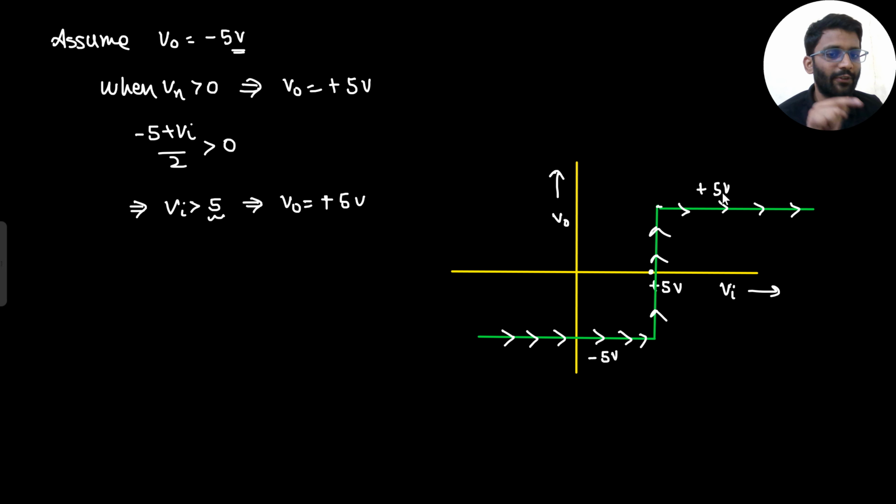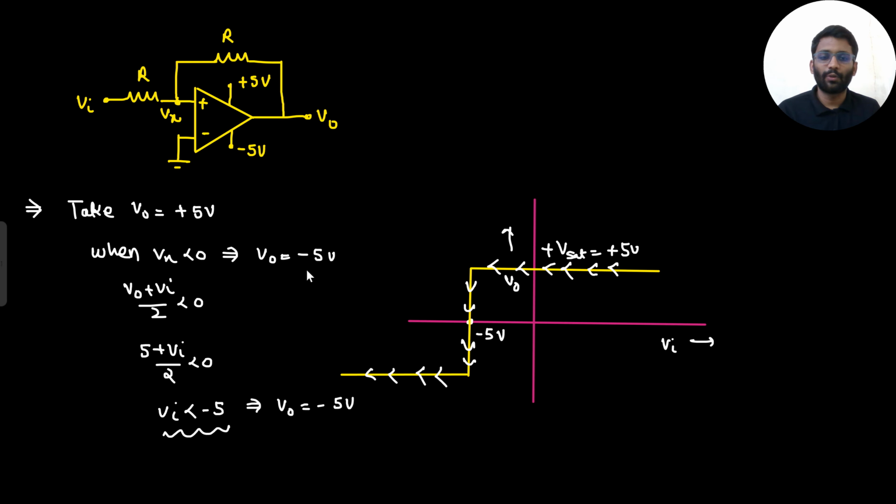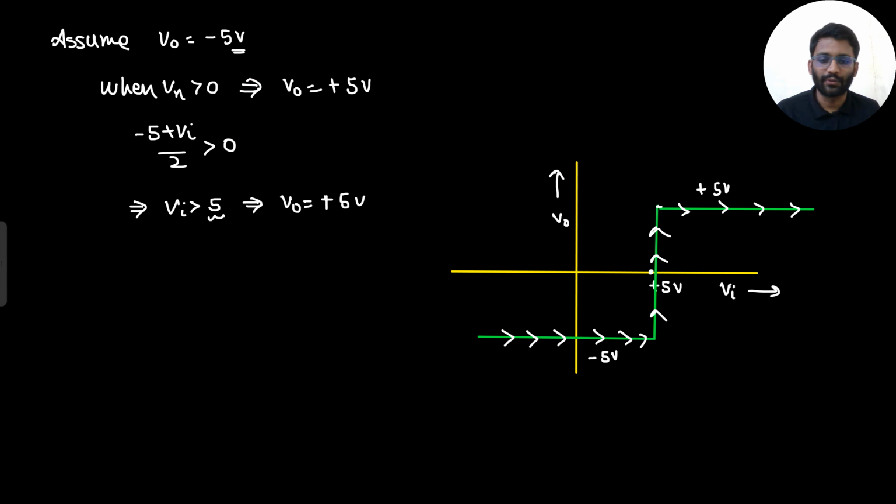Now based on this graph you can say what will happen if my input is moving from 0 to 5 volt. My output will be minus 5 only. And if my input is moving from 5 to infinity, my output will be plus 5. So based on both graphs, we can make one graph using both of them.